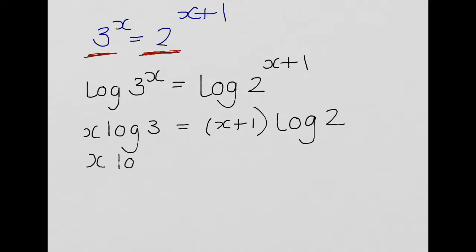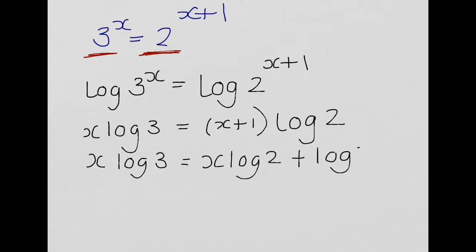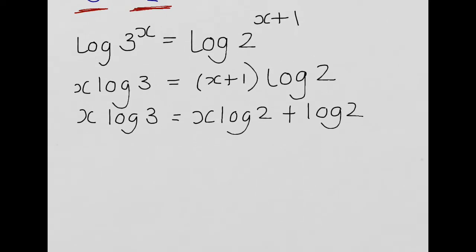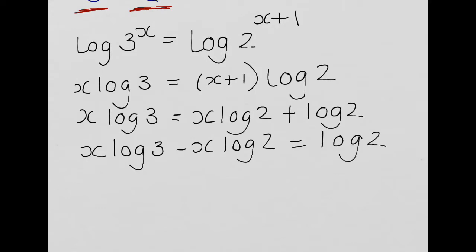This would then allow me to write the following, because I'm going to expand that bracket, because I need to take all of my unknowns onto one side. So I now am going to take both terms that have x to the same side. If you notice, both of these terms had an x in them, so I've taken them both to the same side of the equation.